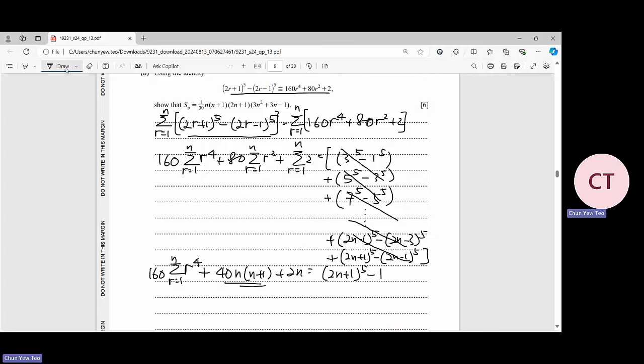This formula is wrong. From the part A result, I copied the result wrongly. So this one is 80 over 6 of n, n plus 1, and 2n plus 1.